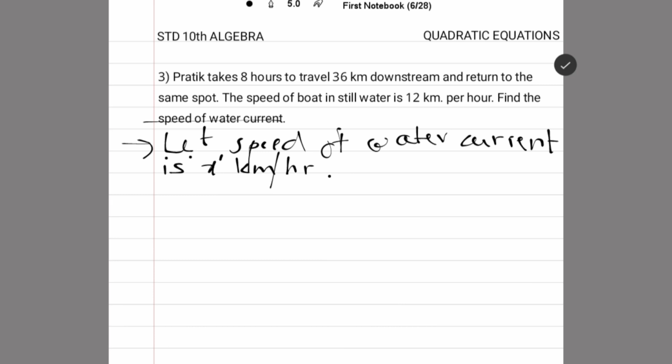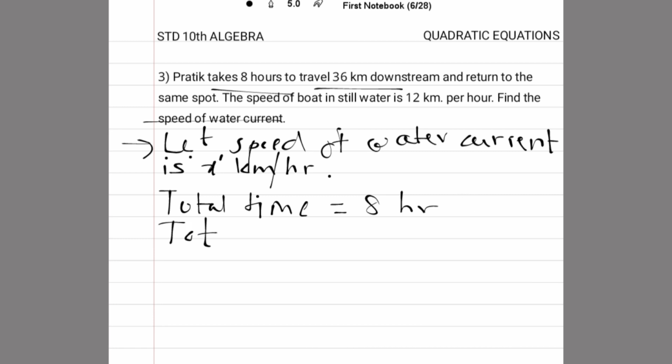Now let's list out what they have given us, that is the total time and the total distance, that is 36 kilometers upstream and downstream. So total time is equal to 8 hours and total distance is equal to 36 kilometers.